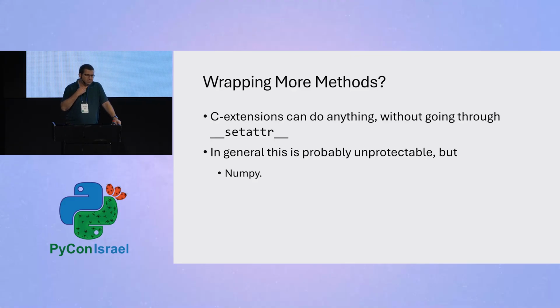And I did opt to wrap all these in-place arithmetic and logical operators to be able to use my decorator on NumPy classes. These NumPy classes implement, say, iAdd as a C extension that does not go through setAttr.